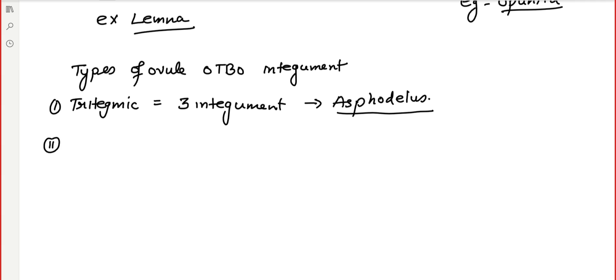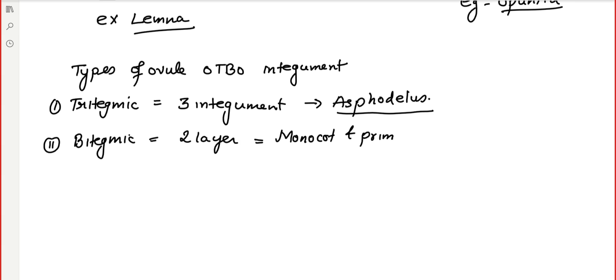Then we have another one called bitegmic ovule. Bi means 2 layers, and this is a feature of monocots and primitive dicots.